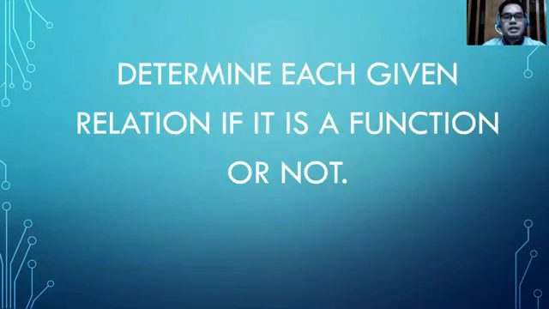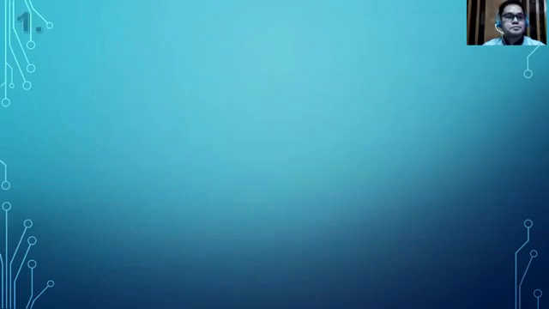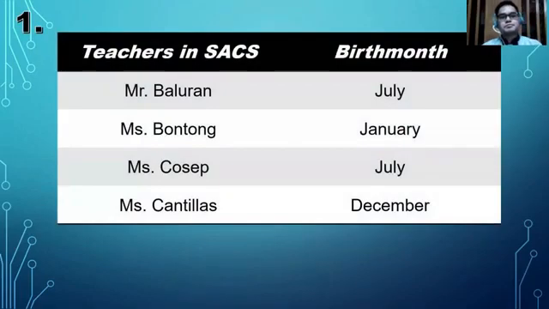Determine each given relation if it is a function or not. So let us try to identify this one. Number 1. In this illustration, the birth month of Mr. Baluran is July. The birth month of Miss Bontong is January. The birth month of Miss Cosette is July. And the birth month of Miss Cantillas is December. Now, is this a function or not a function?